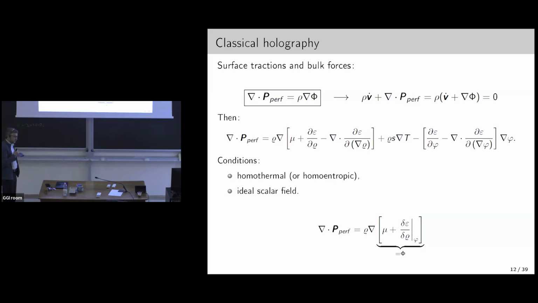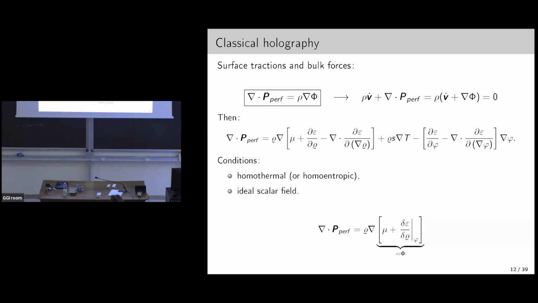So all thermodynamically compatible fluids that fulfill the second law, I mean, perfect fluids, will have this property. So the bulk forces can be substituted by surface traction, the surface forces. This is interesting because if you substitute here, into the momentum balance, we get this Newtonian-like form that we observed in case of quantum mechanics.